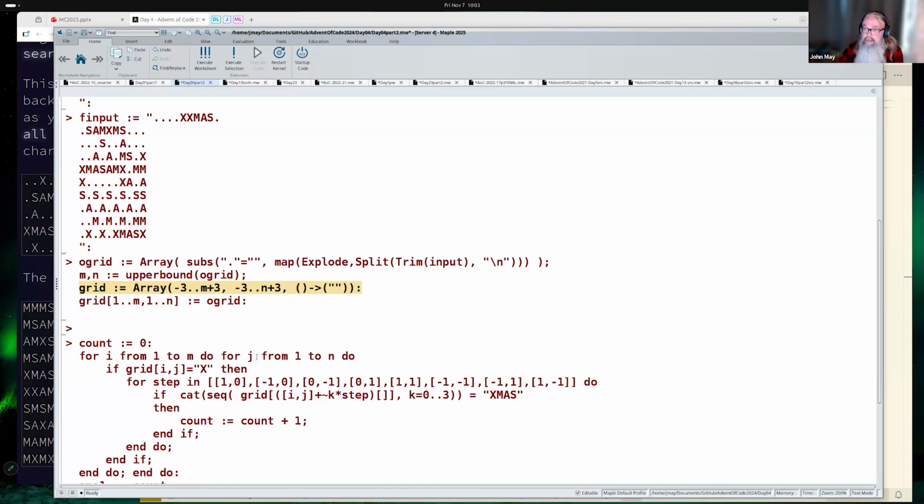I just walk along the bounds of the original grid, M and N, and at every spot I look in every direction and form a string. Here I cat a sequence of the grid, stepping in k times in each direction. So k goes 0 to 3 here.